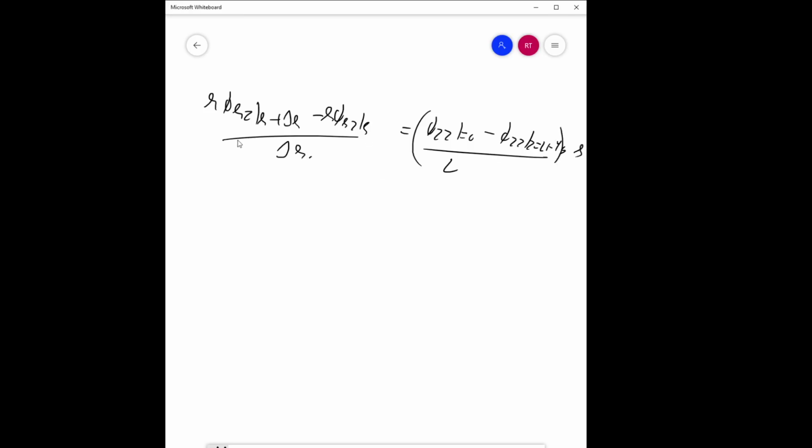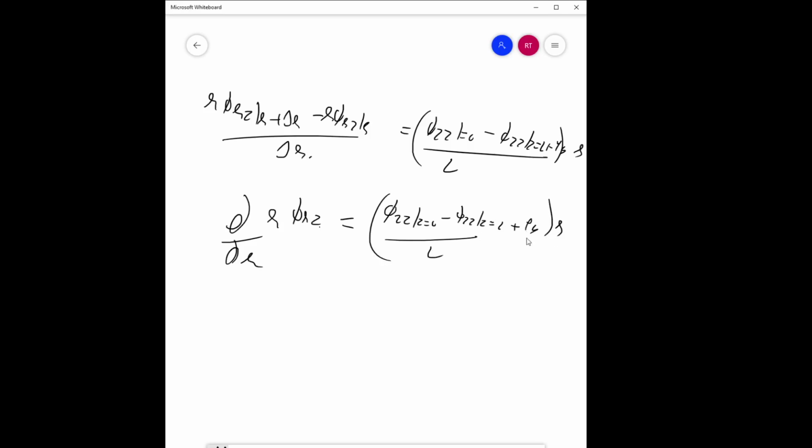So we just move this term to the left hand side so that you can get r plus delta r. So on taking the limit of delta r going to 0, it becomes d by dr of r phi rz. Now this is equal to phi zz at z equal to 0 minus phi zz at z equal to L, by L, plus rho g r.